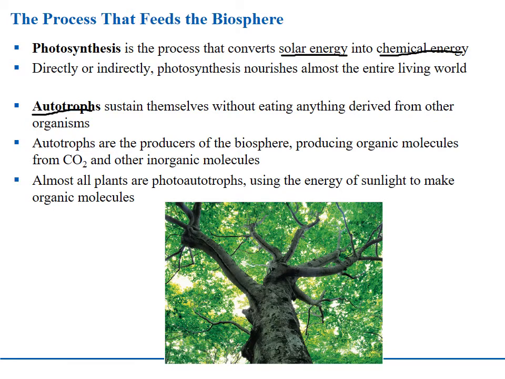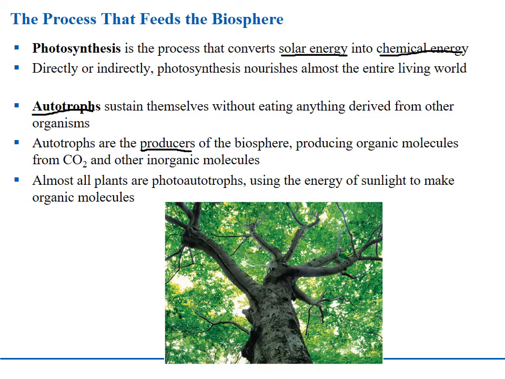Plants themselves we refer to as autotrophs, and these are organisms that are able to sustain themselves without eating anything. They get all of their energy from their own conversion of light into usable chemical energy. We refer to these organisms as producers. You're going to hear more about them in Biology 1407 when you take that class.